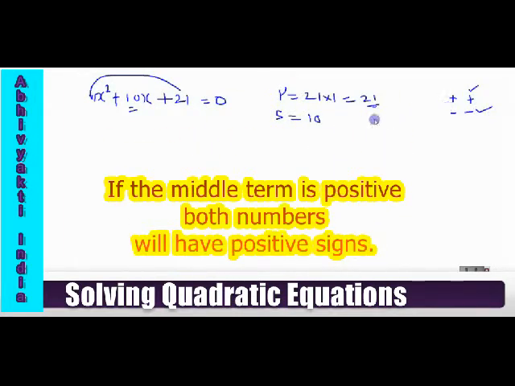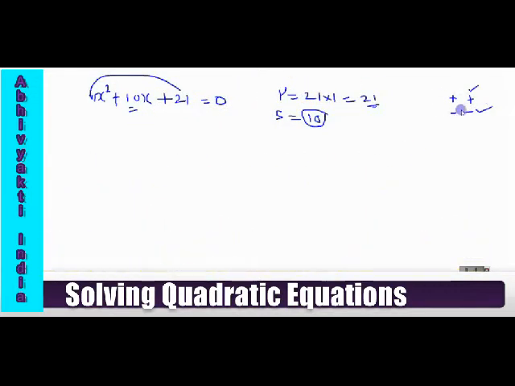That is decided by the sum. The sum is positive, therefore both the numbers will have a positive sign. Of course, one will be the bigger number and one will be the smaller number. So in this case, the bigger number will be positive as well as the smaller number will also be positive.